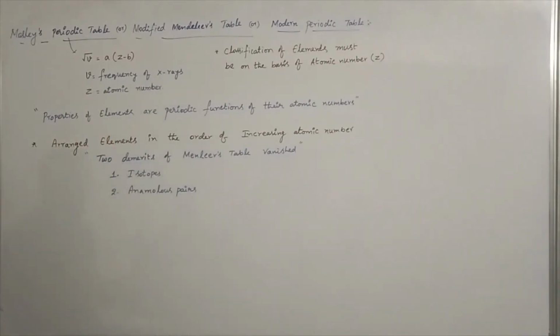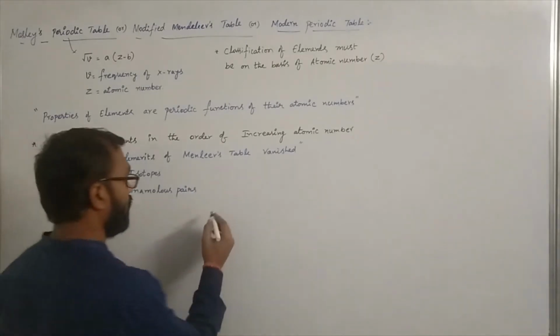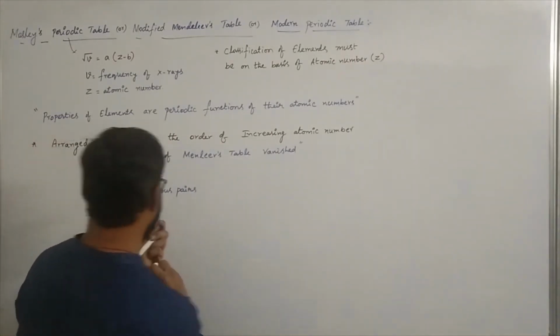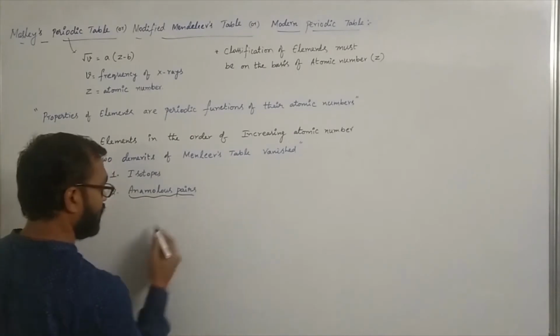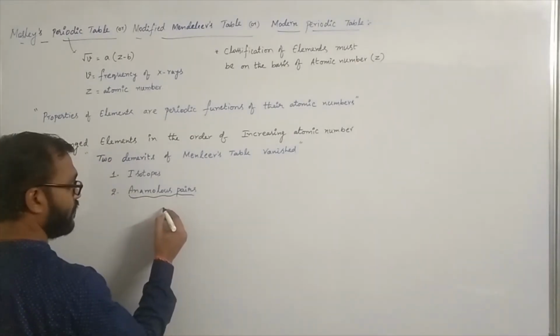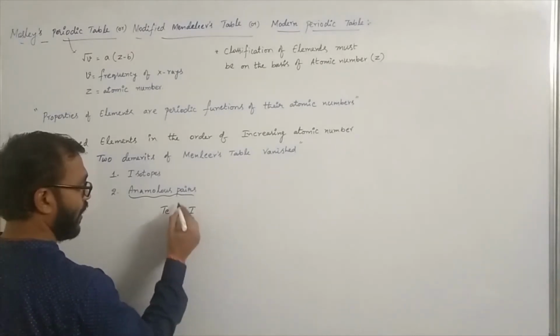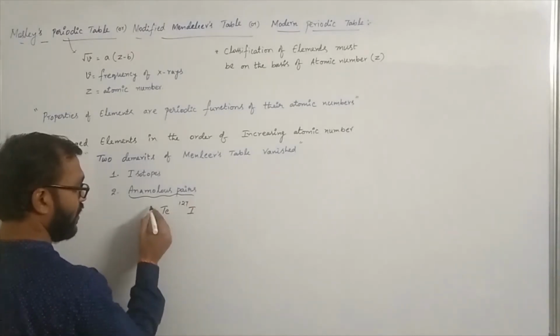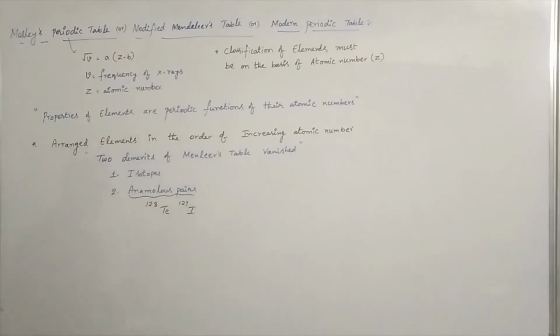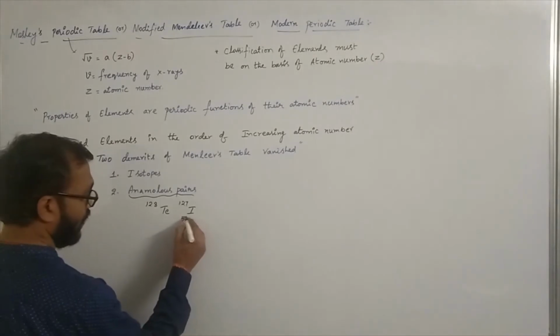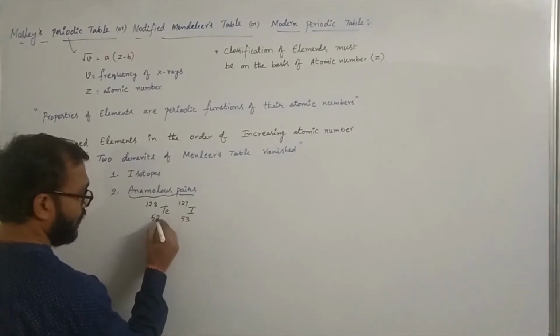Anomalous pairs. What are the anomalous pairs? Tellurium and iodine. Iodine mass number is 127, tellurium is 127.6, approximately 128. The atomic number of iodine is 53, tellurium 52.